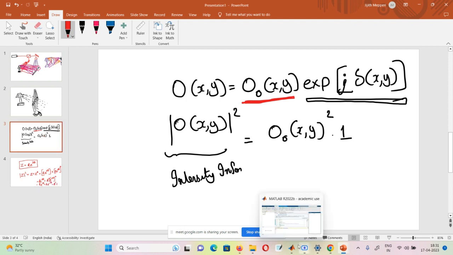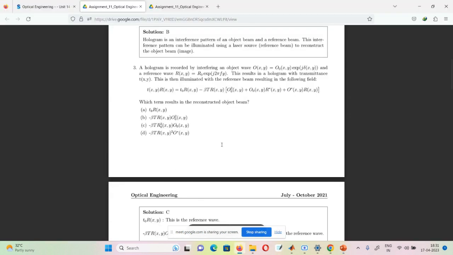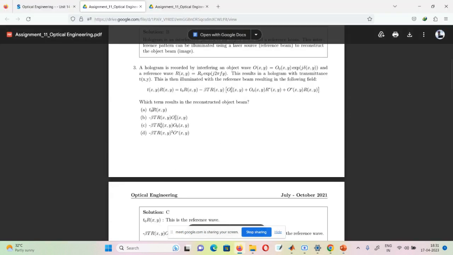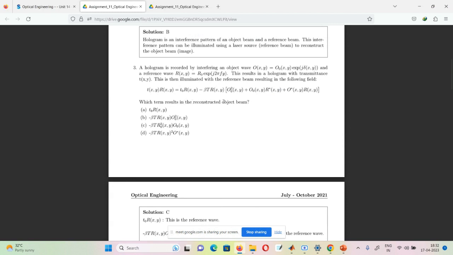So now you go to your question and see which term results in the reconstructed object beam. You want something regarding your object information, and it should include both amplitude as well as phase. Now you can see one term given is T0 R of xy.